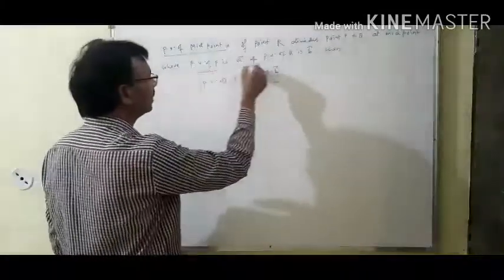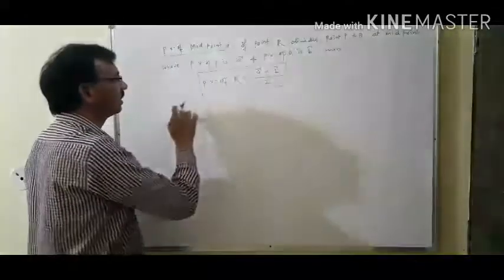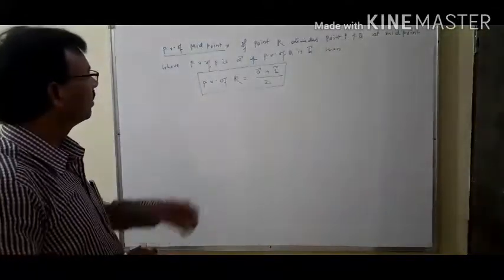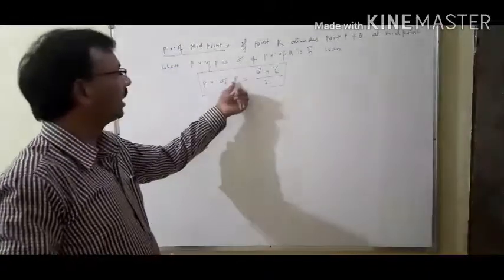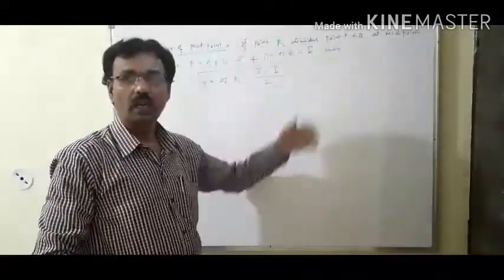This is the formula for finding the position vector of point R, which divides P and Q at the midpoint.